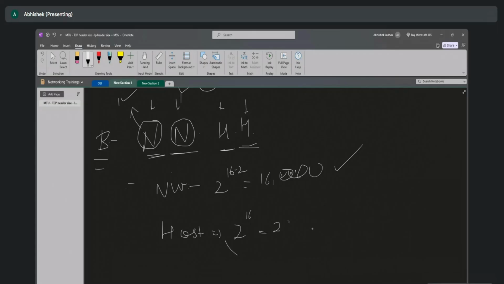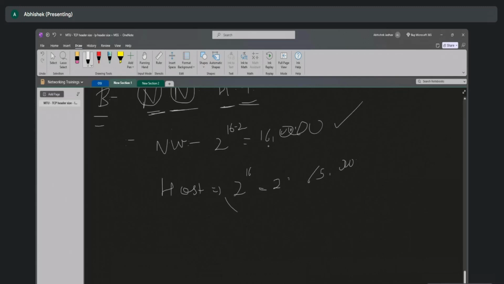So if you remove that, you will get around 65,000 some change IPs you will get, right? So all in all, if together you see this, from the 16,000, if you take one network ID, right? So for that one specific network ID, you will be having 65,000 IPs for you to utilize internally, right?